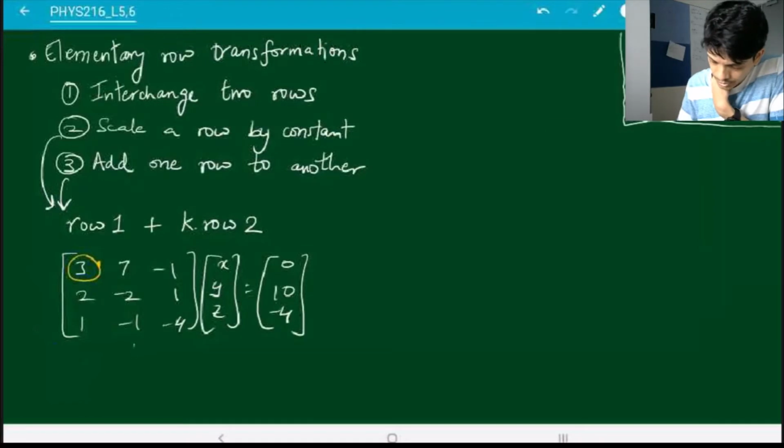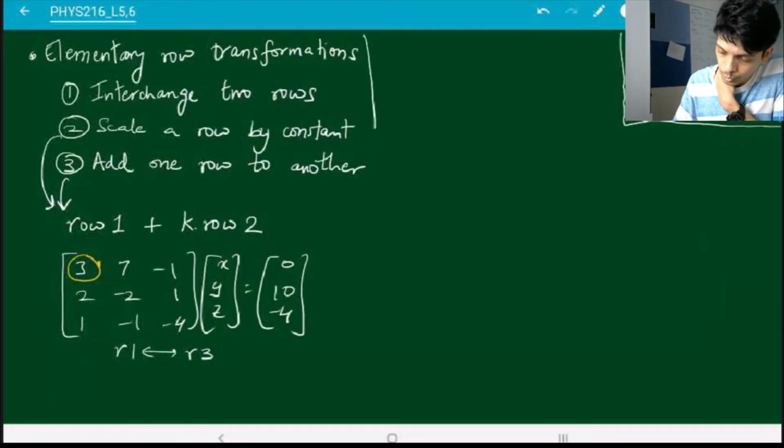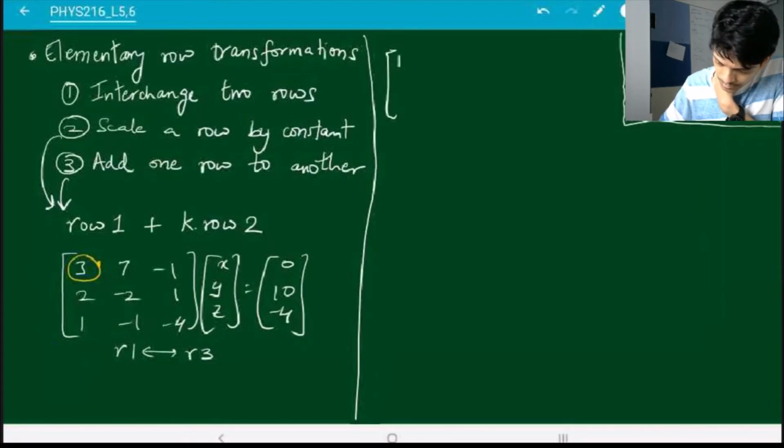So first we interchange, let's call it row 1 to row 3. Whatever you do on the left hand side, you also have to do on the right hand side. So your equation becomes 1, minus 1, minus 4. Second row remains the same, nobody's touching it. Third row becomes what was the first row.